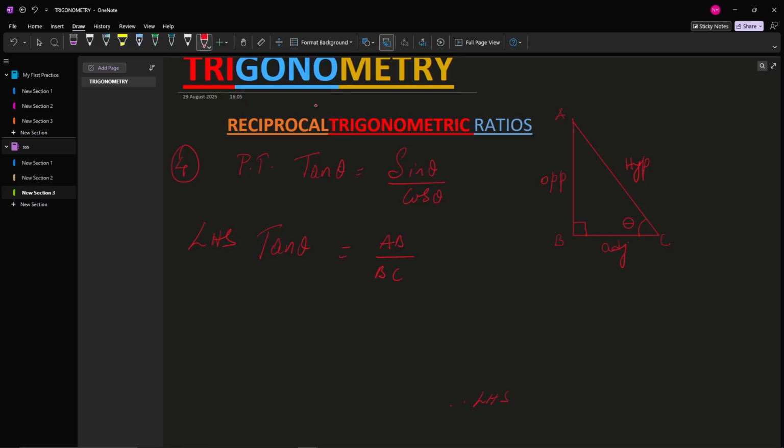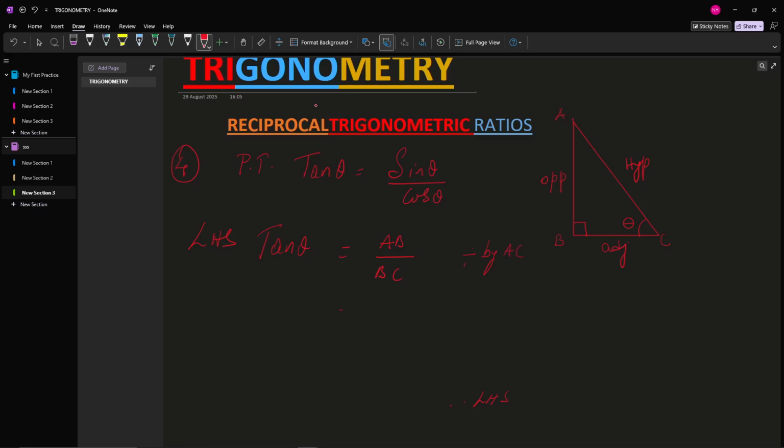That means BC by AC. As I said earlier, sin and cos have something common in the denominator, that is the hypotenuse. So to get that hypotenuse for both numerator and denominator, we do a particular process: divide numerator and denominator by AC.